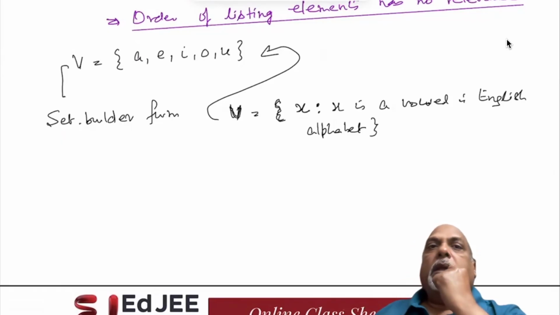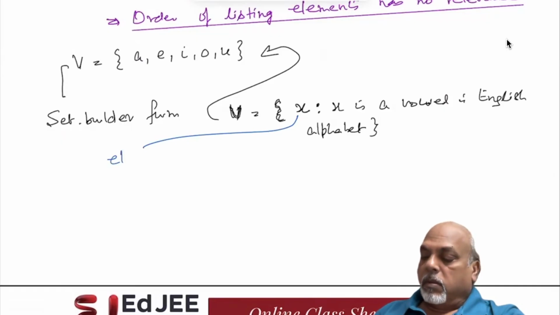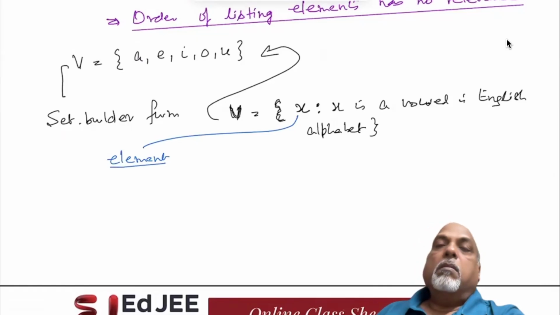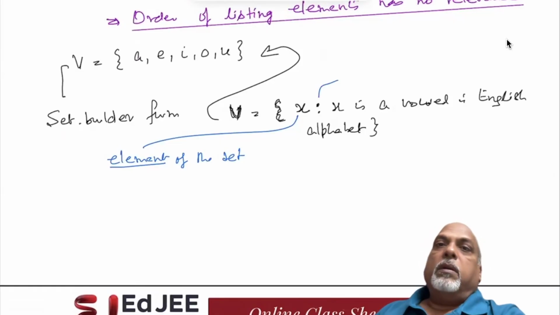Here, let us see what is this? This is the element. Element of the set. Correct? Followed by a colon.